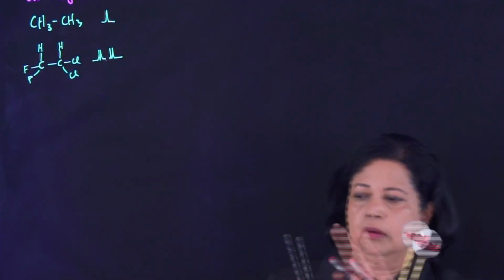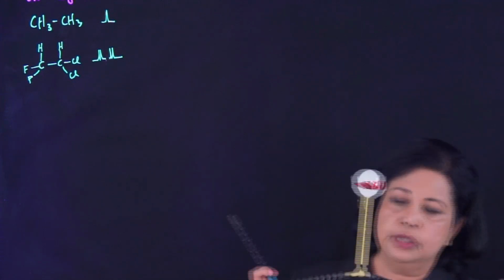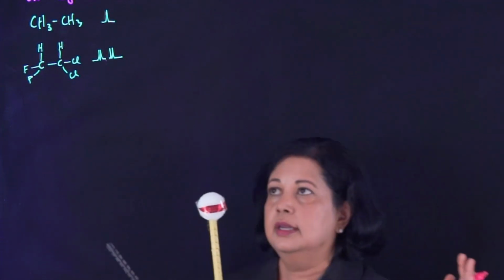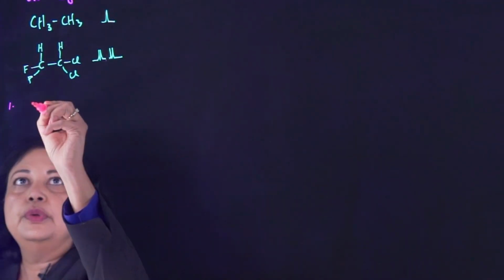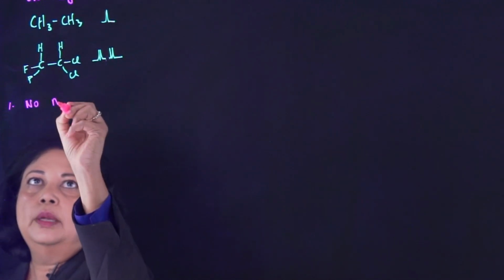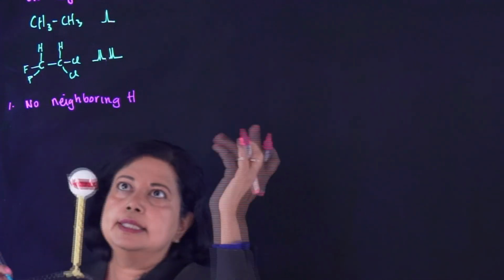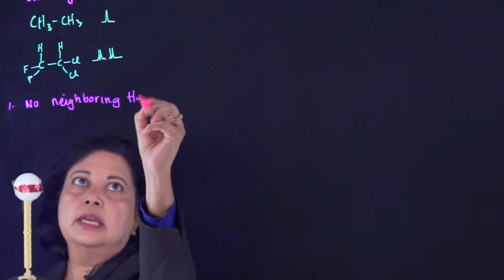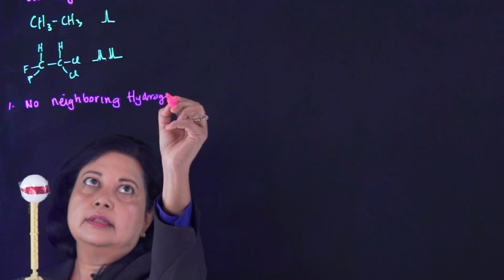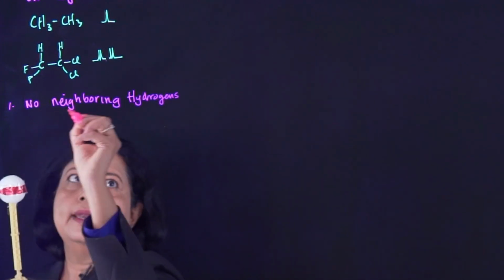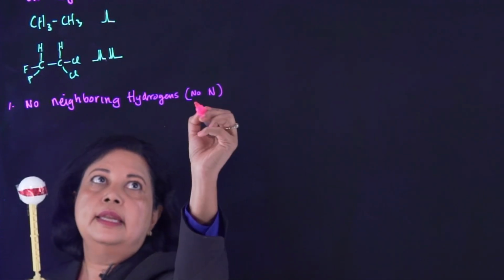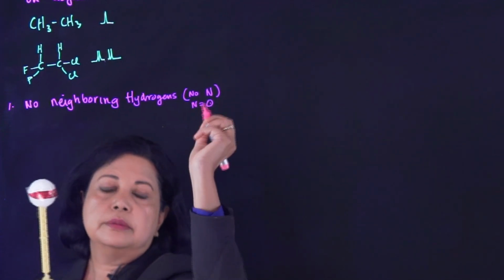Let's say they are all carbons or halogens or things that don't have hydrogen. So that's one. So if you have no neighboring hydrogens, and we will call this neighboring hydrogens N, or that's the symbol, N here is equal to 0.